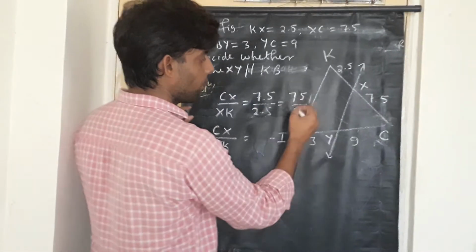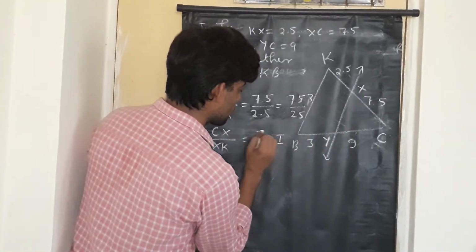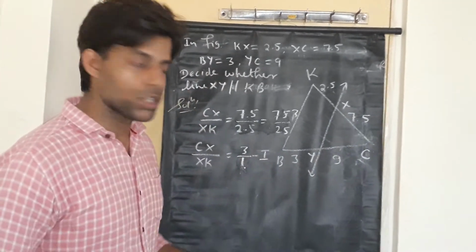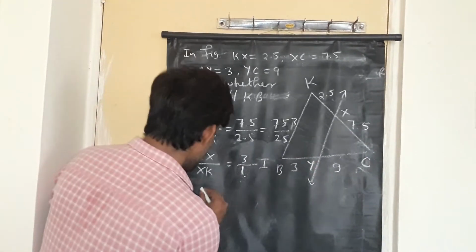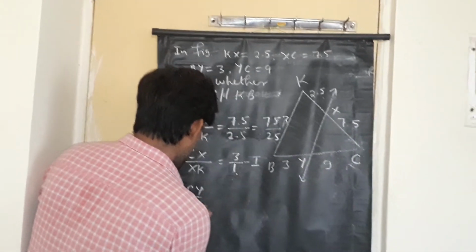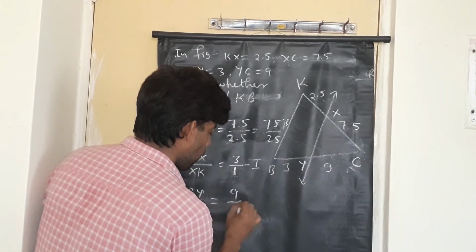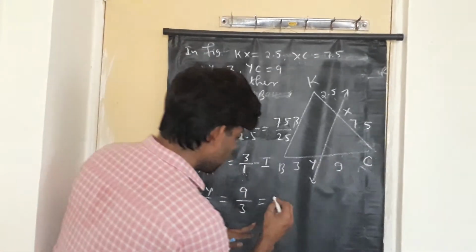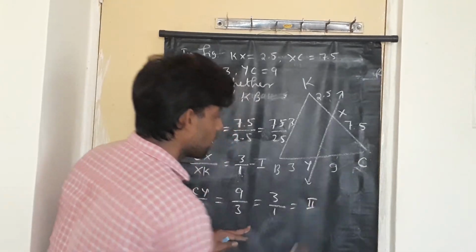So 25 3s are 75. So we can get CX upon XK as 3 upon 1. And the other ratio is what, students? CY upon YB. So we'll get here CY upon YB is equal to 9 upon 3. On reducing 9 upon 3, once again we will get 3 upon 1, and we can call it our equation number 2.